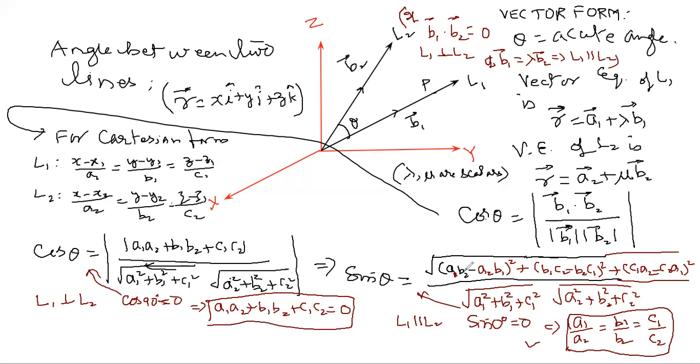And here it is written A1 B2 minus A2 B1. B1 dot B2 is equal to 0, yes, the dot product is 0 for perpendicular lines. And if B1 is equal to lambda times B2, then L1 is parallel to L2.